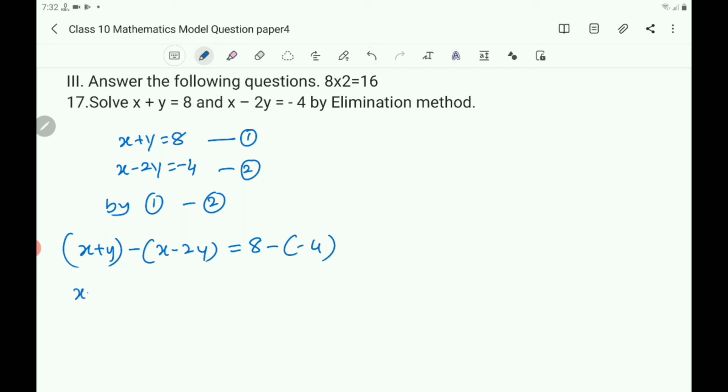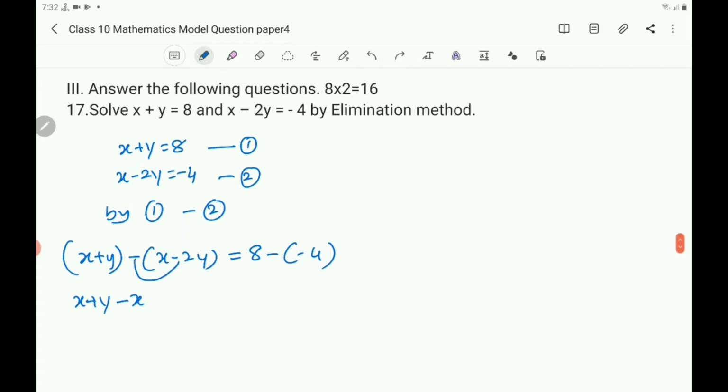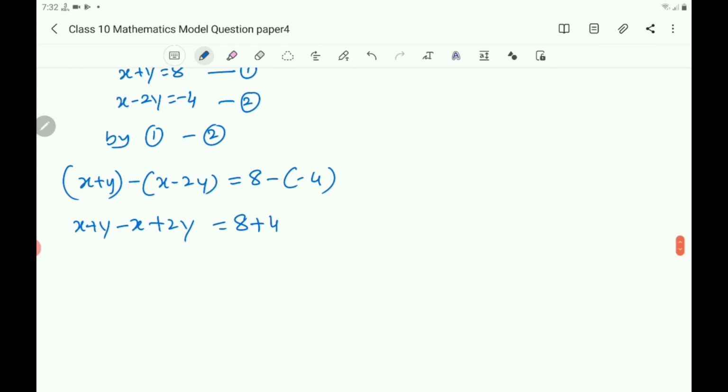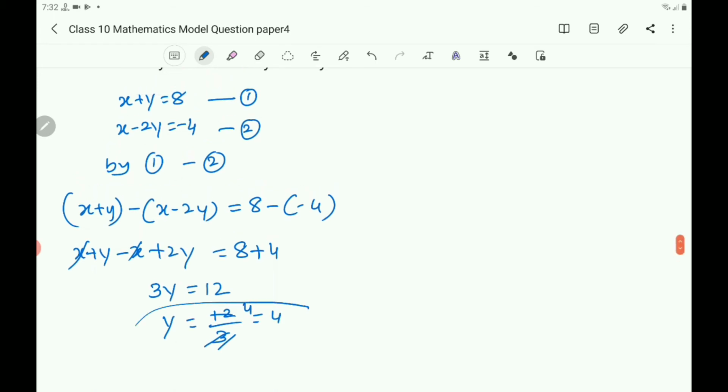Then you open the bracket: x plus y minus x, minus minus becomes plus, plus 2y, equals 8, minus minus becomes plus 4. Then you cancel this, y plus 2y is 3y equals 12. So y equals 12 by 3, which equals 4. As you cancelled the variable x, you got the value of y.